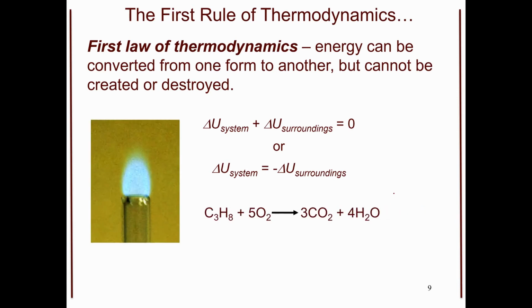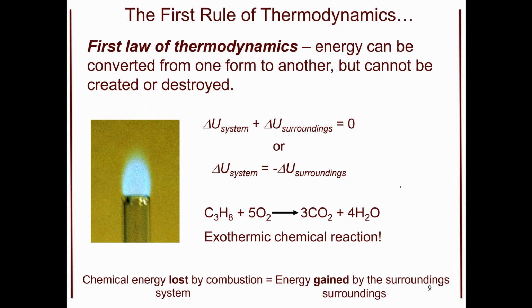So as you can see here, I am going to go and burn propane. I am going to take my propane, mix it with oxygen, and form CO2 and water. This is an exothermic chemical reaction. So what does that mean?